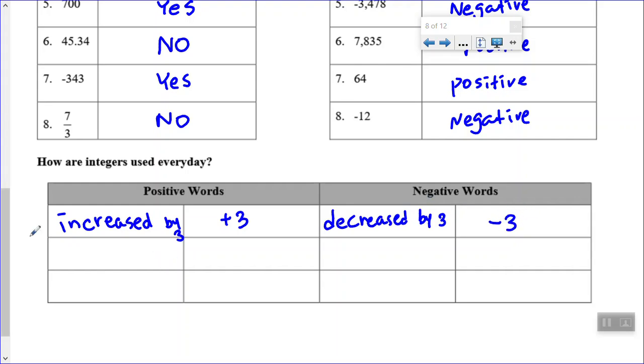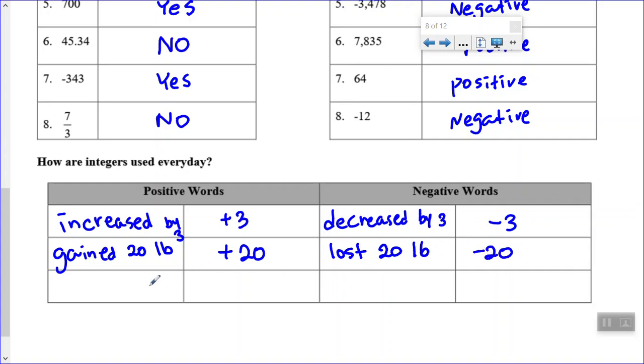If you say you gained 20 pounds, that means it's +20. If you lost 20 pounds, it means -20. If you go up 10, it's +10. If you go down, then it's -10.